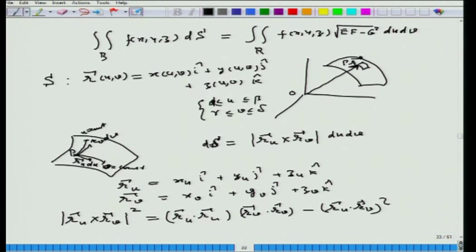Here then, this element area dS, we have seen, comes out to be the absolute value of the cross product r_u cross r_v du dv, because r_u du is the tangent element on the curve v equal to constant, and r_v dv is the tangent element on the curve u equal to constant.